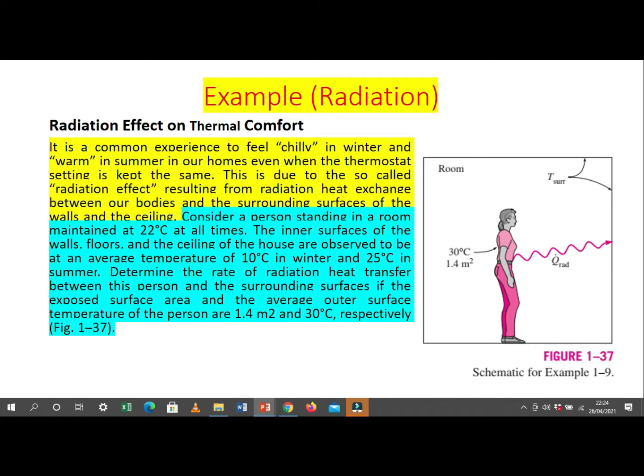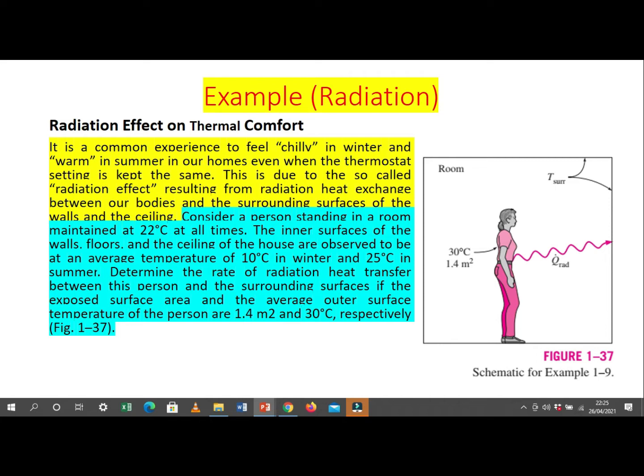For the winter there is 10 degrees centigrade, and for the summer there is 25 degrees centigrade.